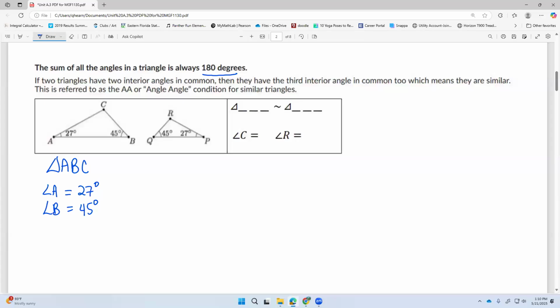But notice that angle C is not marked. We're not sure what the measure of that angle is. But we do know that if we add all of these up, they have to sum to 180 degrees. So I'd like you to pause and think for a moment, how could I find the measure of angle C knowing that information?